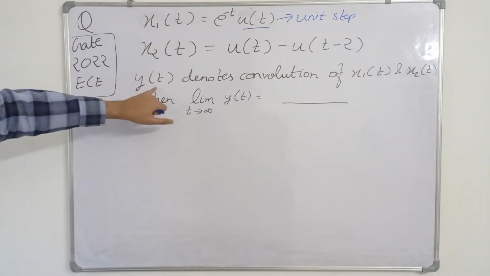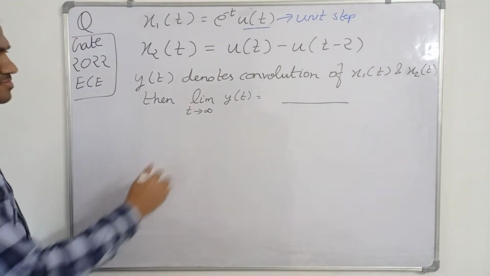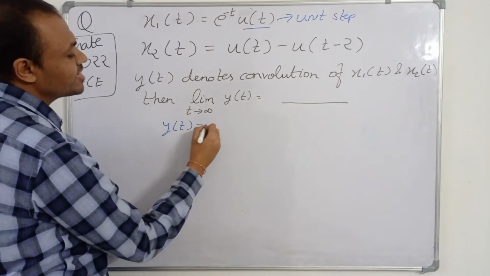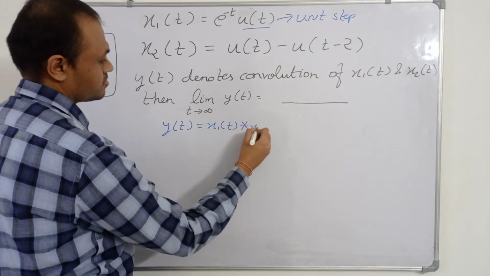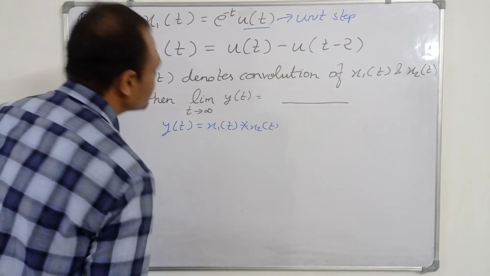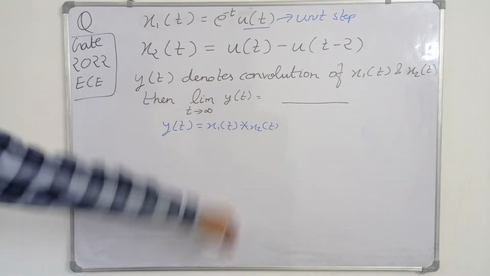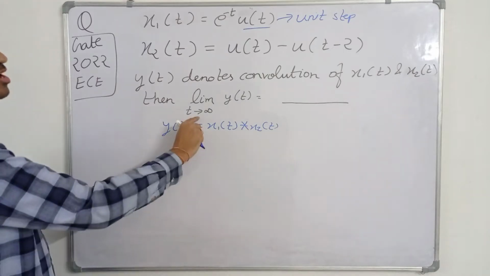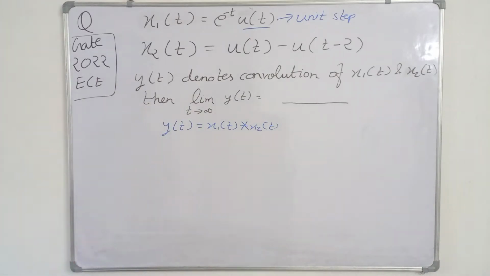And it says that y of t denotes the convolution of x1 of t and x2 of t. So now we have to find limit t tends to infinity y of t. So we have to apply the final value theorem, because when t is infinity, it is the final value theorem.